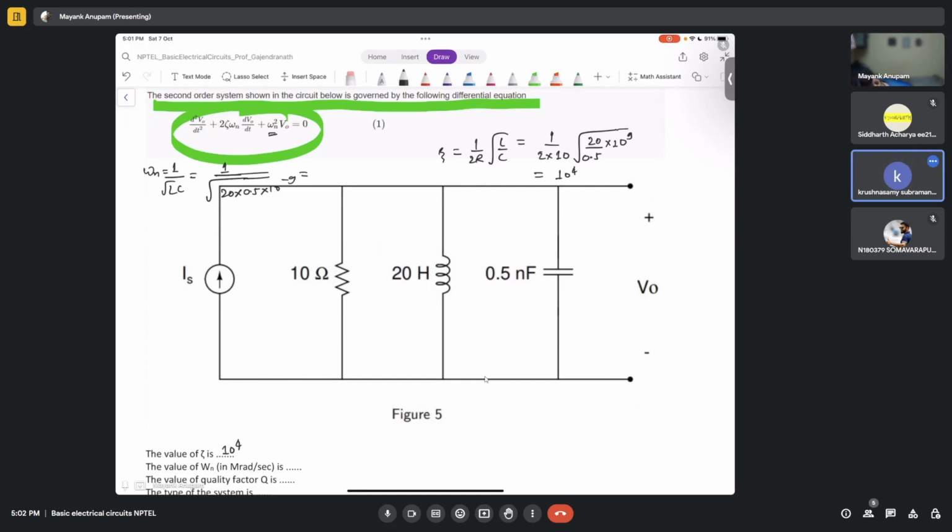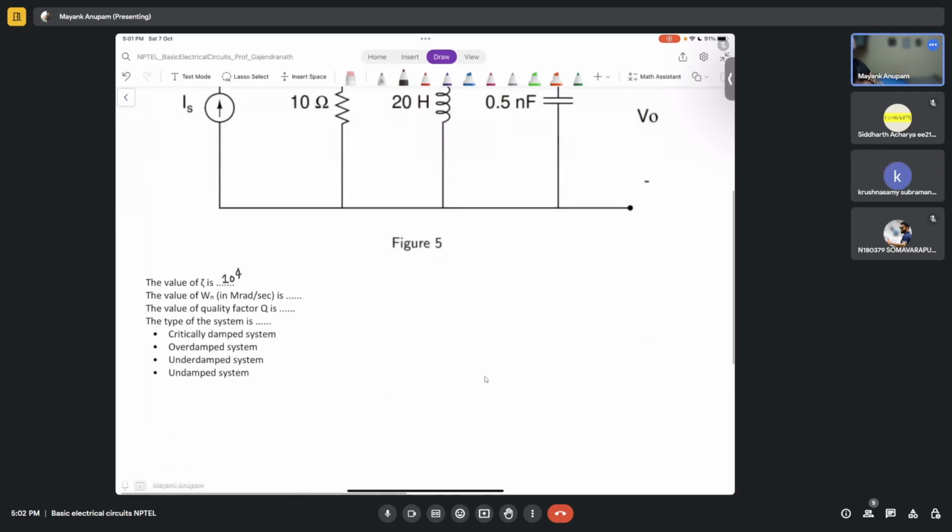How much is that? So it is 10 into 10 to the power minus 9, which is 10 to the power 4. Yes, it is right. It is correct, 10 to the power 4.